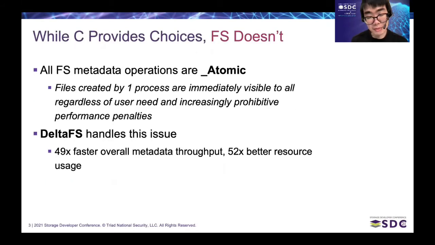Surprising as it may sound, while atomic variables are used as needed in the C programming language, in the file system, this is entirely not the case. So in the file system, all file system metadata operations are effectively atomic, which, for example, means files created by one process are immediately visible to all processes, regardless of user need and increasingly prohibitive performance penalties.